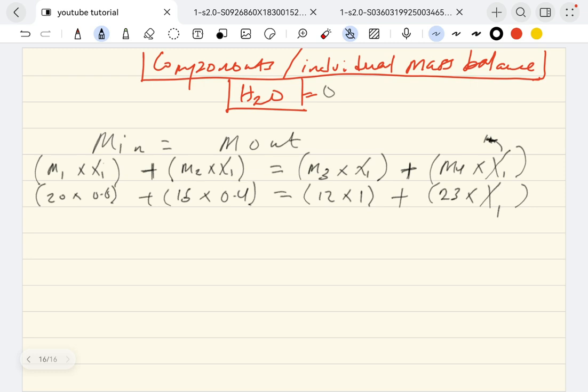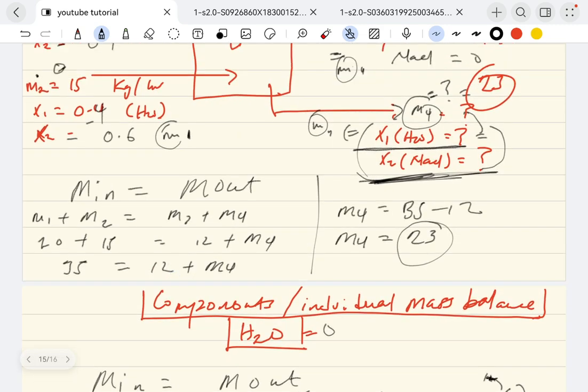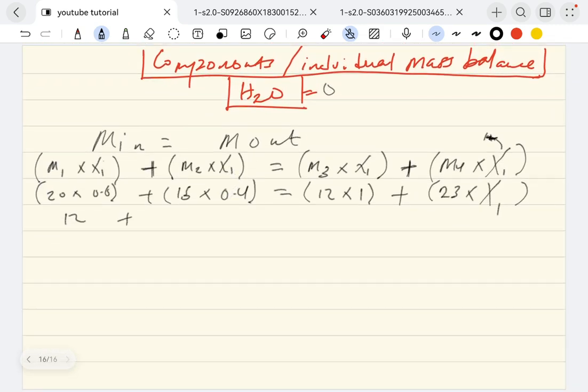So 20 multiplied by 0.6 is 12. Then 15 multiplied by 0.4, the fraction of water, is 6. Then we equate it to 12 plus 23x1, the big X1, which is the water.